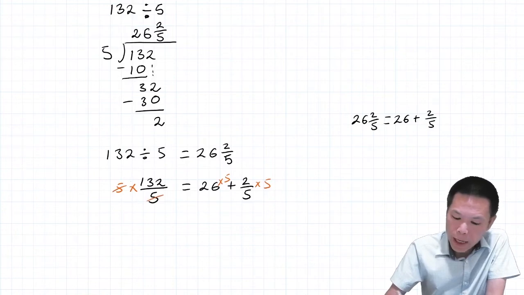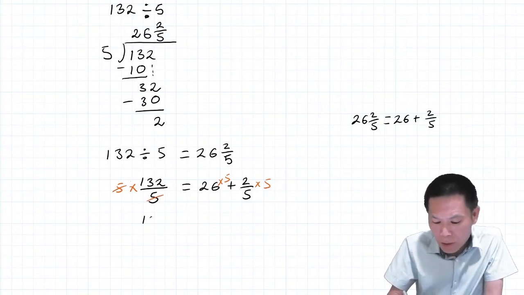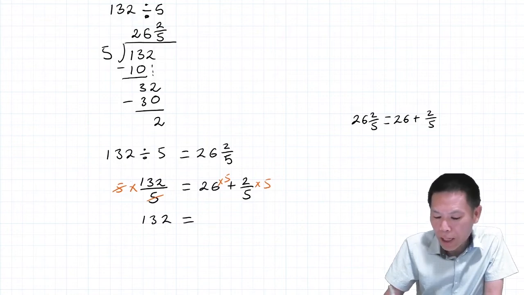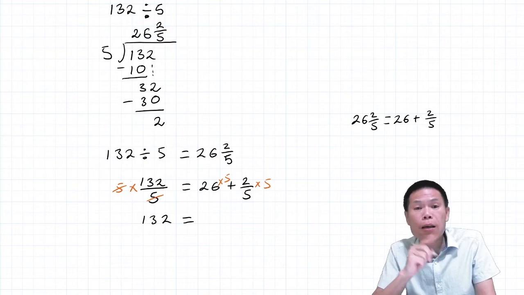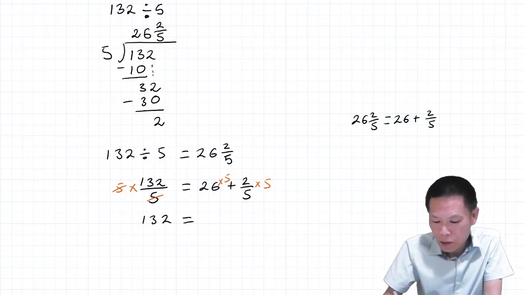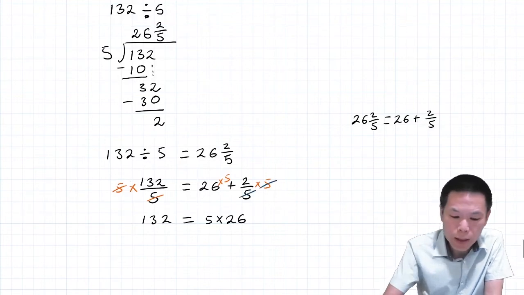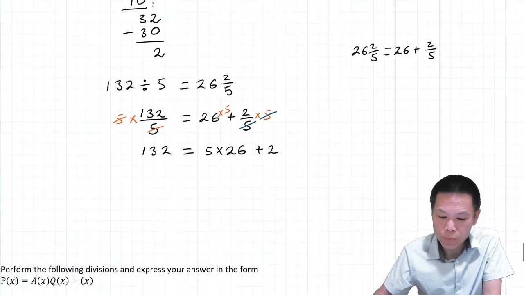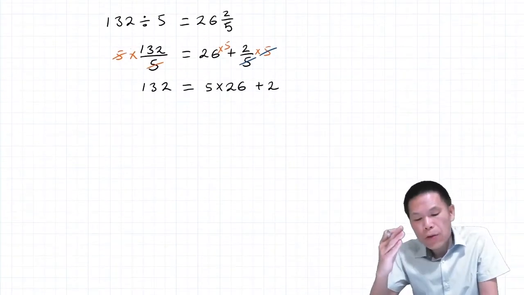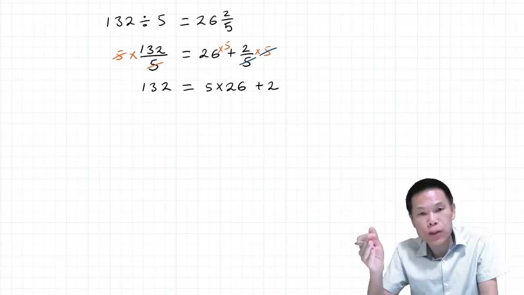And this cancels out on the left hand side. So that will leave me with 132, and 26 times 5 is exactly the same as 5 times 26. And this one we can cancel out and leave with 2. So it's add 2. Now, 132 is the same as 5 times 26 plus 2.